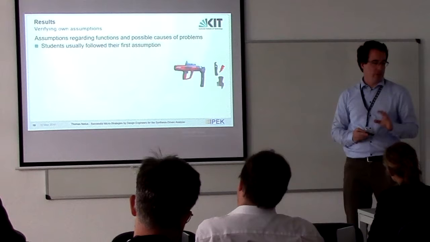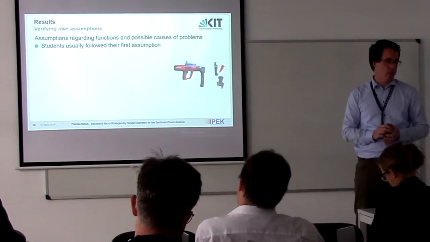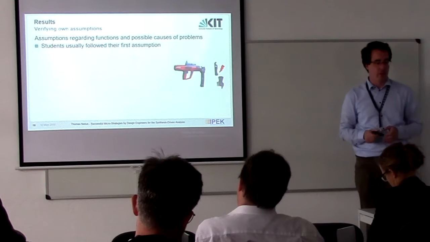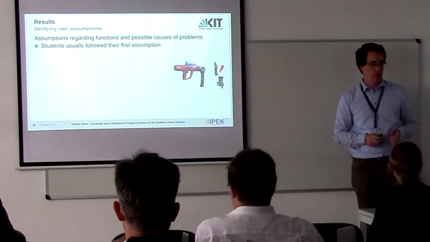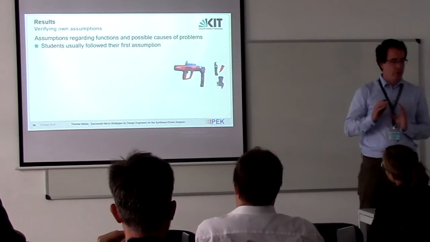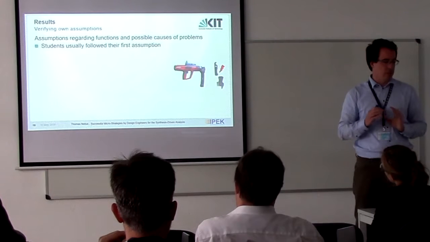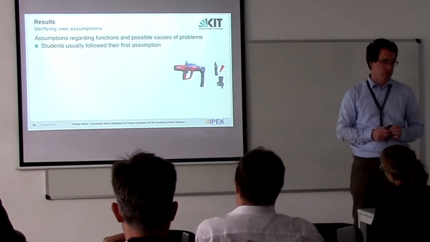And another goal of this study was to come up with hypotheses to test in the main study. And I'm going to present you two hypotheses. The first one is we saw that a lot of assumptions were made on functions and possible causes of problems.